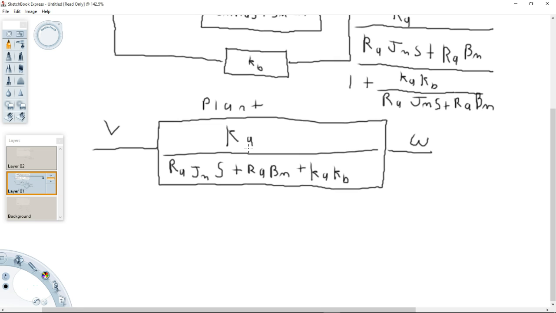So because this is a first order transfer function, as you can see by just this one S, you can analyze it like you would a normal first order transfer function. So you know that the form is K over TS plus 1, and that needs to take this form. So that means this number right here needs to be divided by Ka and RaJm. So that would look like this.